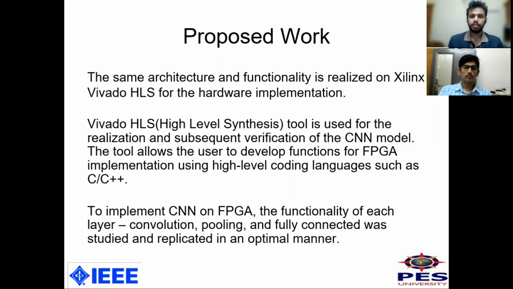For the proposed work, the architecture of each layer was designed in Vivado HLS, that is the convolution layer, pooling layer, and the fully connected layer. The convolution layer had both the convolution as well as the ReLU activation function, and this was implemented such that it could be parallelized.